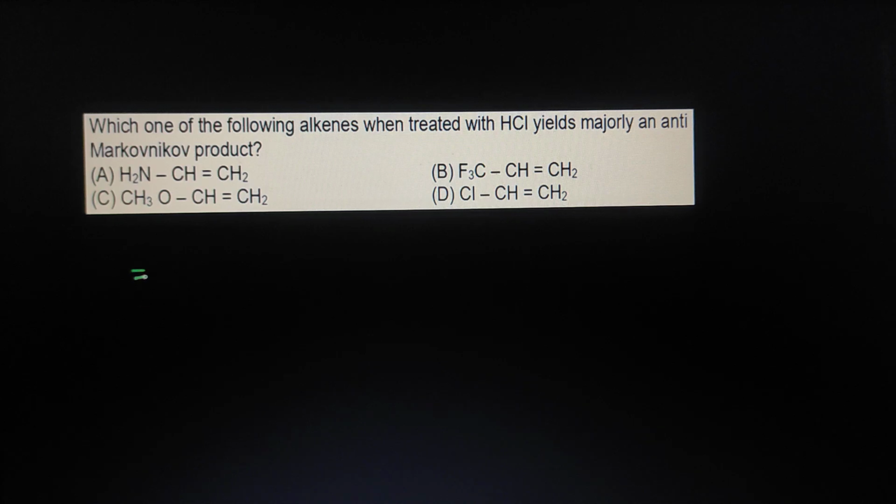So as we know that if we take a compound propene, CH3 CH double bond CH2, and if we add simple HBr, then we will get CH3 CH Br CH3. This is simply the Markovnikov product.